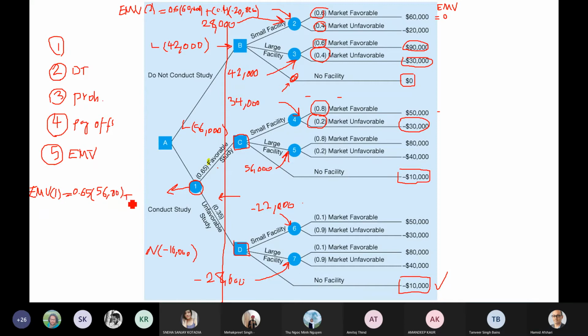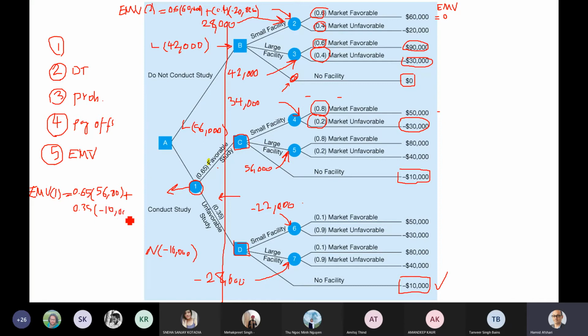Plus, what is the probability of an unfavorable market? 0.35 multiplied by minus 10,000.